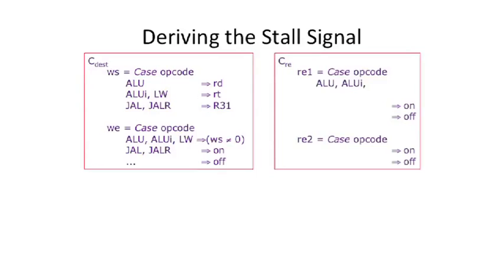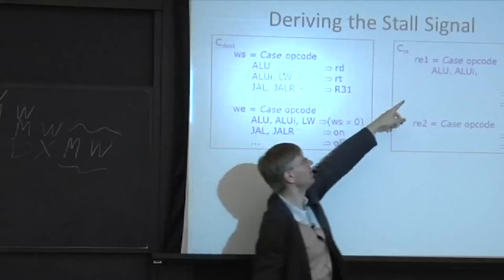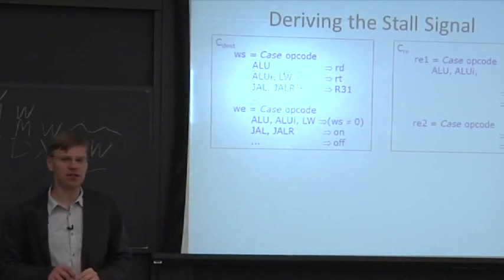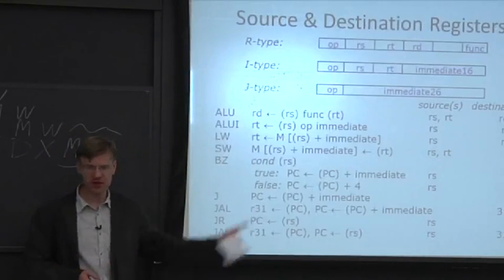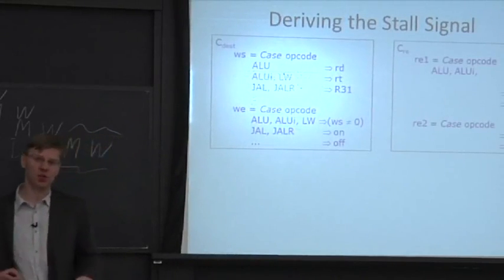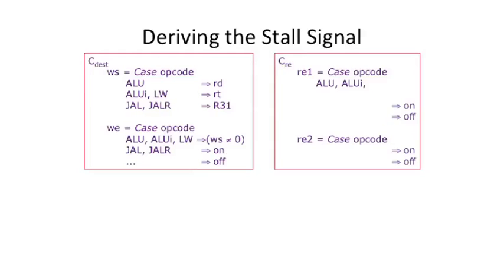And now we need to do the calculation of whether we actually read the value. There's going to be 2 of these, one for the first operand, one for the second operand. OK, let's build up for the different instructions here. We're basically transforming this table into some logic equations that we're going to use. So ALU, ALUI, loads, stores, branches, they all read. Jump register and jump and link register all read at least their first source operand.